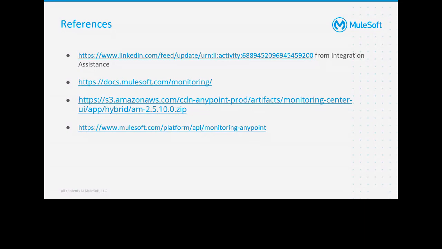Visualizer will give you the graphical view of your application from start to end. What are the different applications you have, like experience layer, process layer, and then system layer. That will give you the graphical way, and in between, what services you are calling.